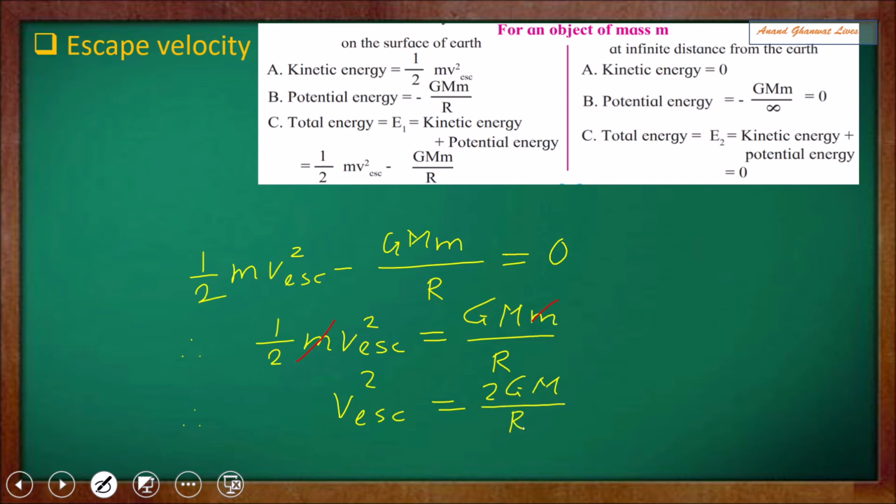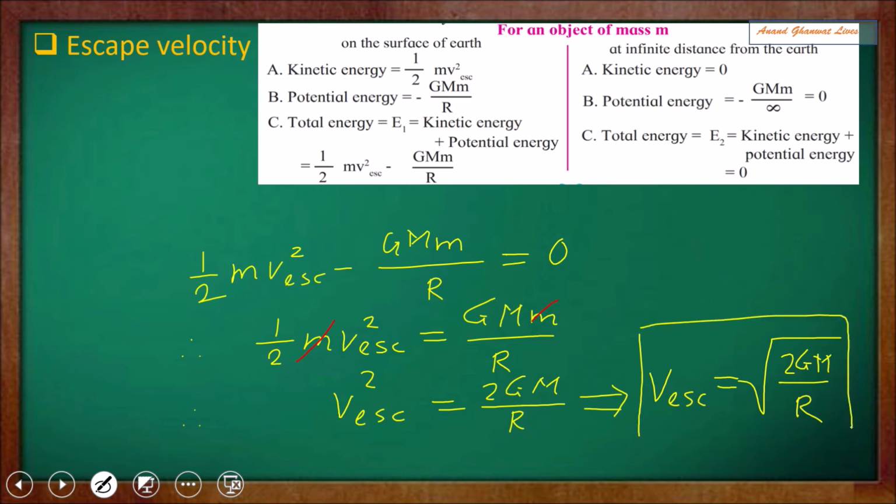Now taking square root on both the sides, we get escape velocity is equal to under square root 2 into GM upon r. So remember this formula of escape velocity.